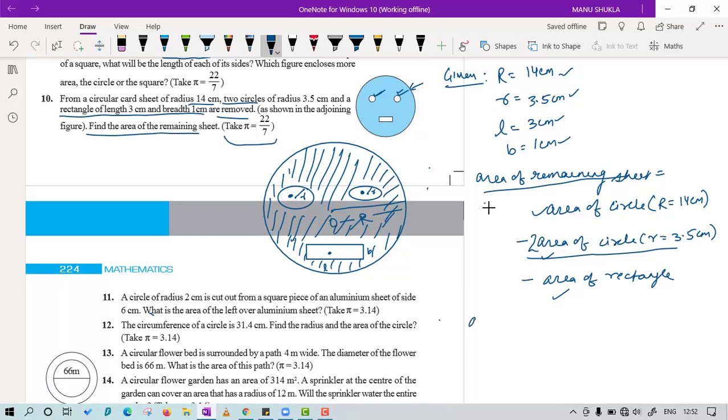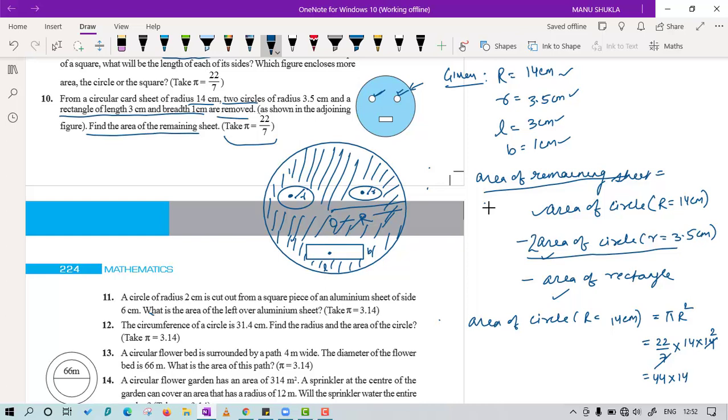Now we can find these step by step. First let's find the area of the large circle, the circle with radius equal to 14 centimeter. That is given by pi r square, and as pi is given as 22 by 7, we will take that only. 14 into 14: 7 twos are 14, 2 into 22 is 44, into 14.